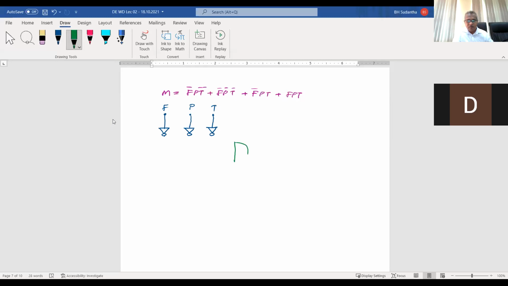First term is F bar, P bar, T bar. Okay, this is P bar, T bar. Then we make a second term.